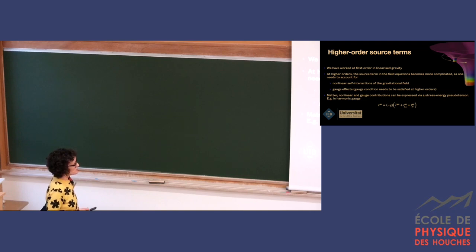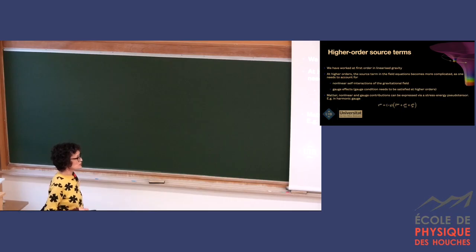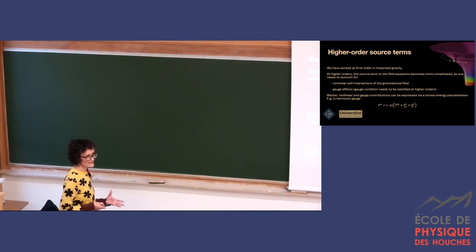Okay, so now you might be wondering, we have worked at first order in linearized gravity. What happens if I go up and include more orders in H? At higher orders, it turns out that my source term becomes more involved, because GR is a nonlinear theory. Even if I don't have an actual source, I get some terms in the source term that are just a result of nonlinearities in the theory.